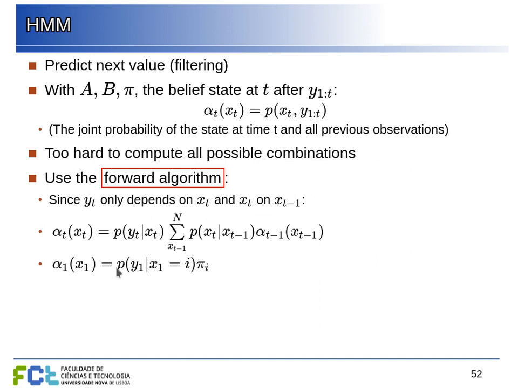So we are putting together both the marginal probability of starting at that particular state and the probability of emitting that symbol that we observed in the first step. And now we can do this for all the subsequent time steps.